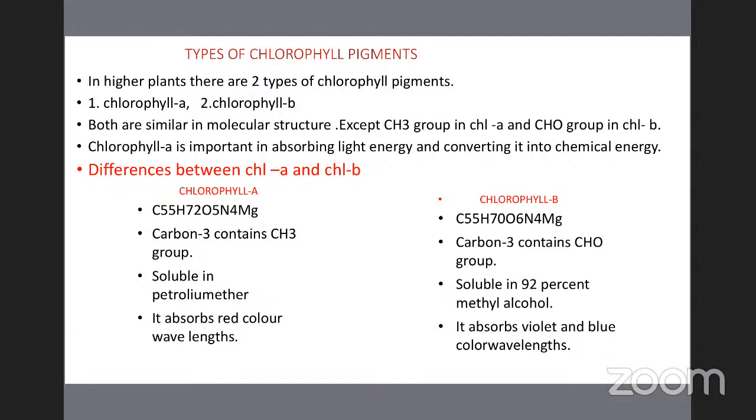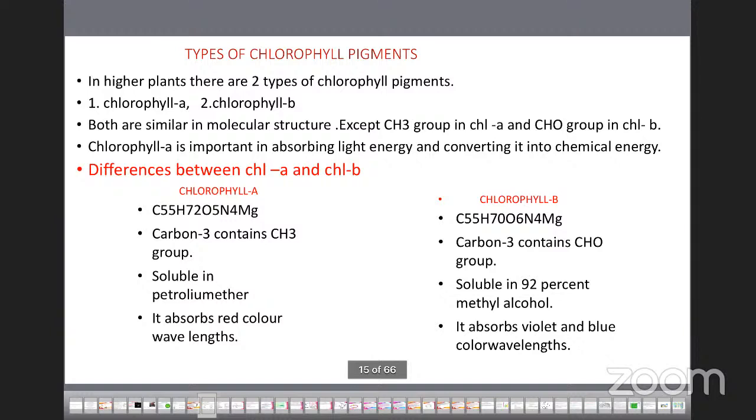Number 1 is chlorophyll A, and number 2 is chlorophyll B. Chlorophyll A and chlorophyll B are the main important types of pigments in chlorophyll. They both are similar in their molecular structure, but there are exceptions. There is a difference between those 2, chlorophyll A and B. What is that difference?